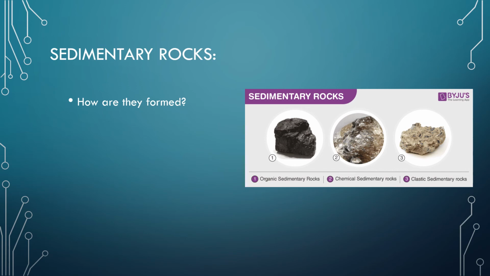Some organic materials are shells, bones that were compressed into rock, carbon, and plant fragments. Inorganic, or also known as chemical, rocks form from mineral crystals precipitated from solutions containing water.